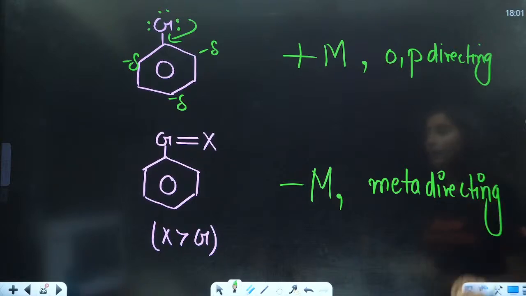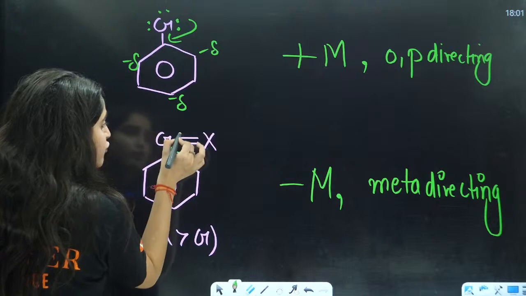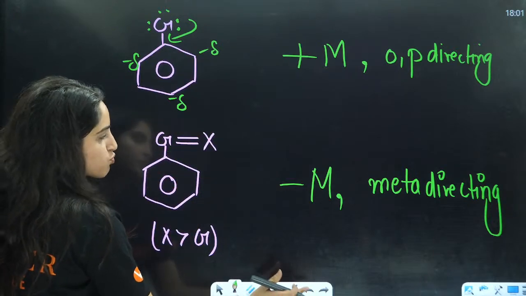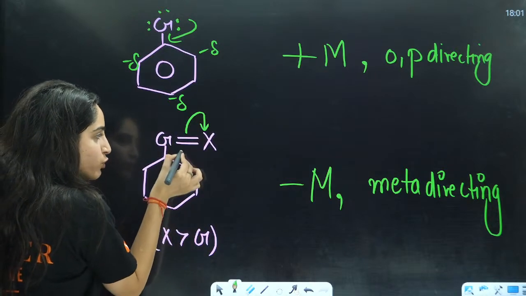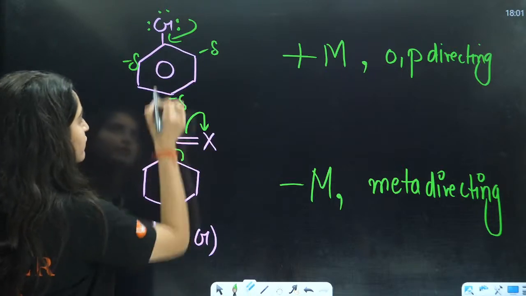Reason being, because X is more electronegative, it is going to take out electrons from this pi bond.